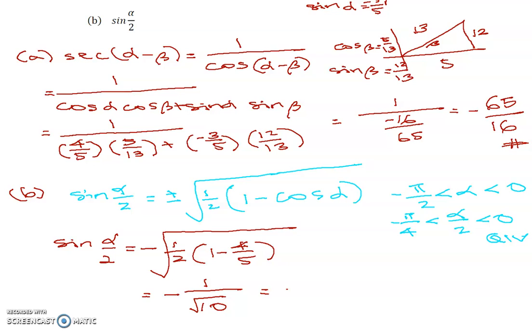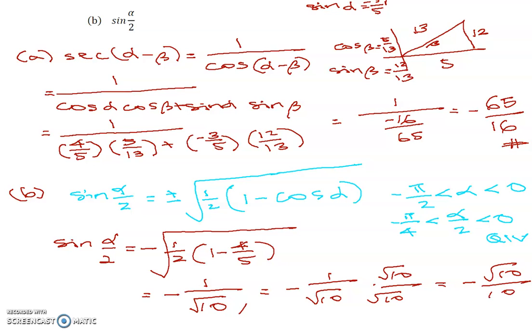If you want, you can also rationalize. If you rationalize, it's going to be square root of 10 over 10.